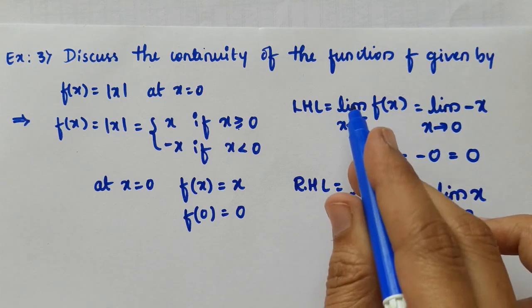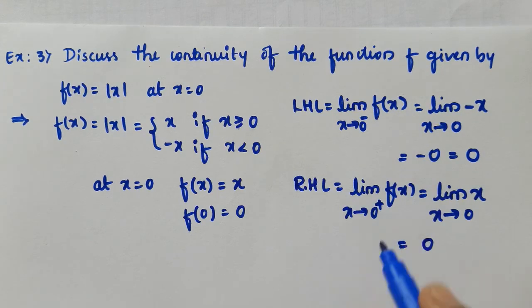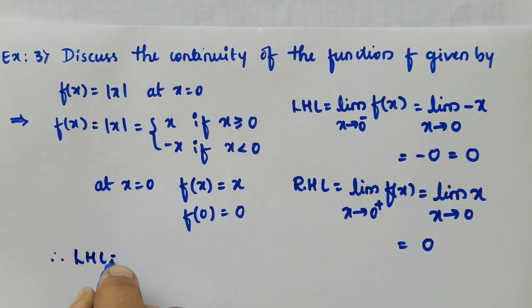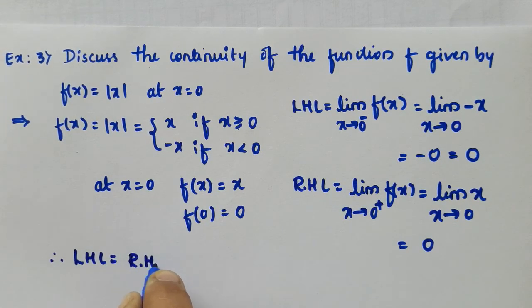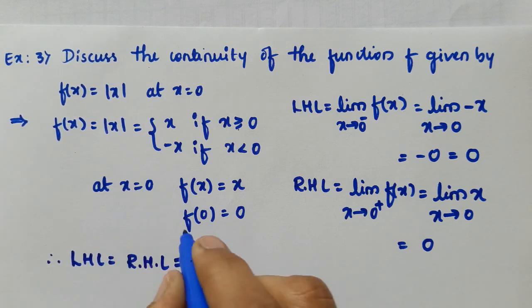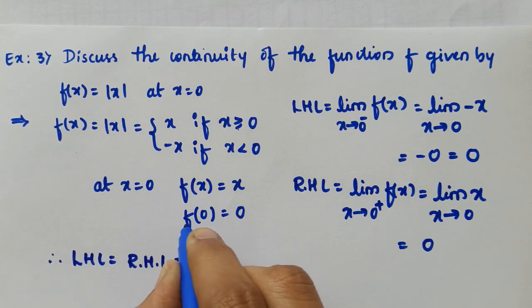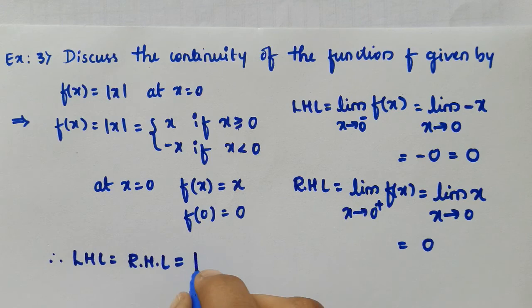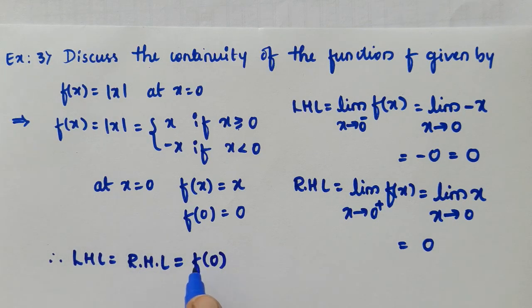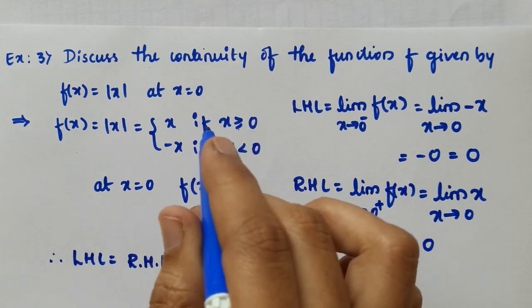Left hand limit is equal to right hand limit, as well as this is equal to the functional value at 0. Functional value means f of 0 is also 0. Therefore, this is equal to f of 0. All three values are equal for this function.